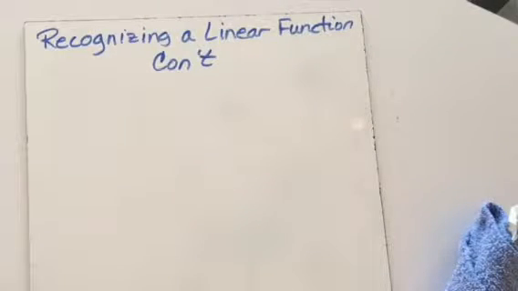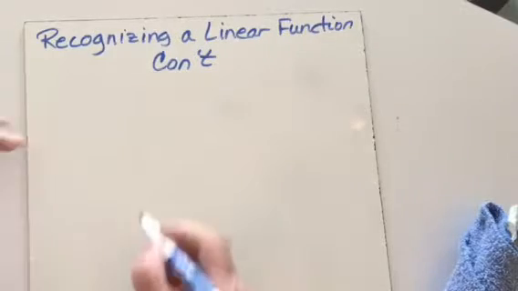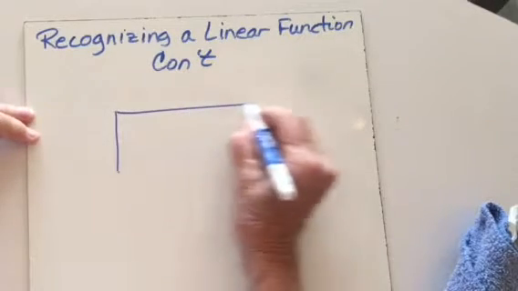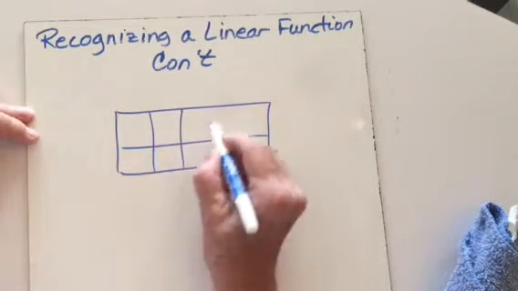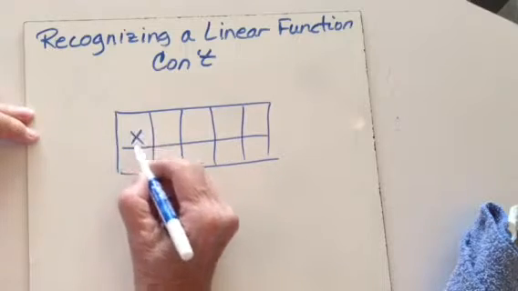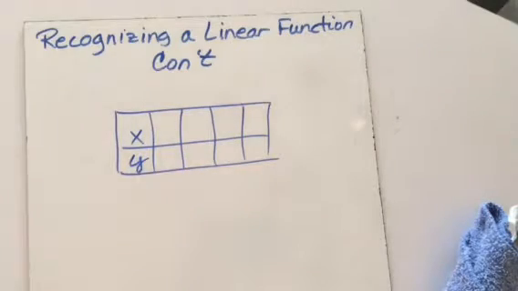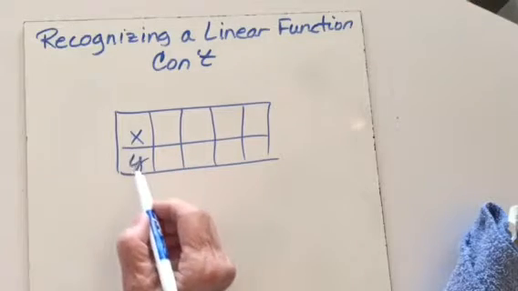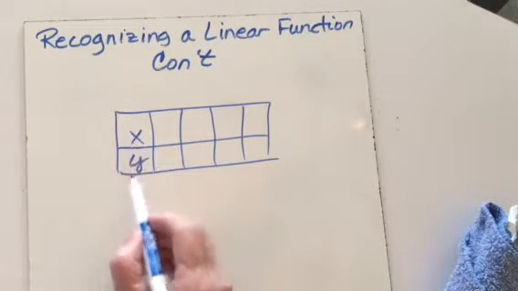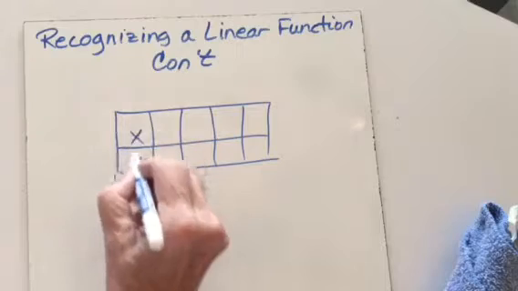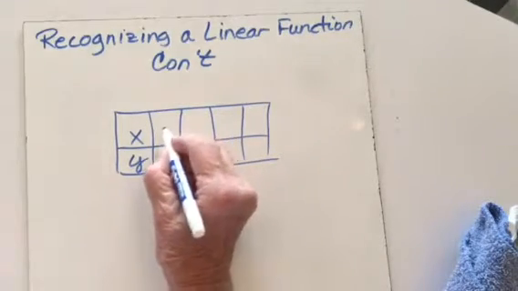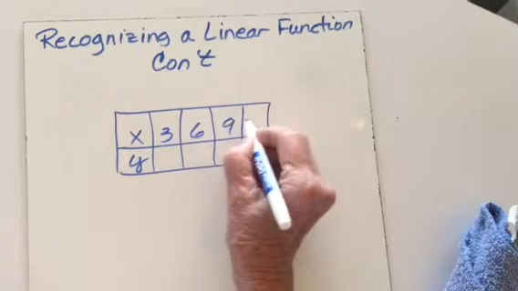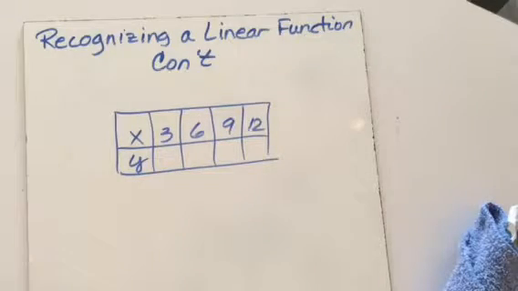Suppose I have a table of values, an XY table of values. It's my X, my Y. Notice that I always go in alphabetical order: X, Y. You'll never see me go Y, X. So it's always X, Y, X, Y. Let's say we have 3, 6, 9, and 12 for our X values.